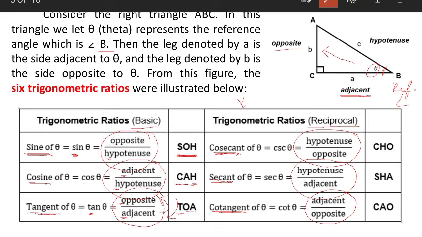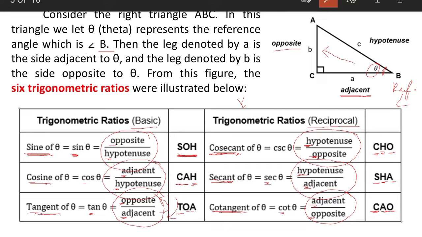So what does it mean by CHO, SHA, and COW? C stands for cosecant, H stands for hypotenuse, O stands for opposite, S for secant, H for hypotenuse, and A for adjacent. And C for cotangent, A for adjacent, and O for opposite. So just remember SOHCAHTOA and then CHO SHA COW because we will use that to illustrate the 6 trigonometric ratios.